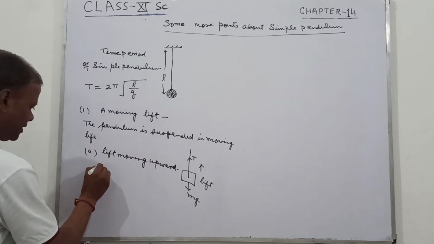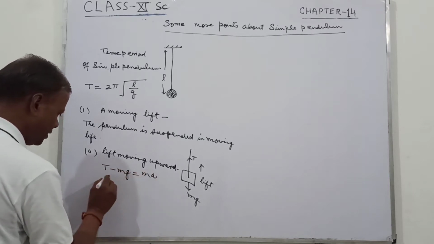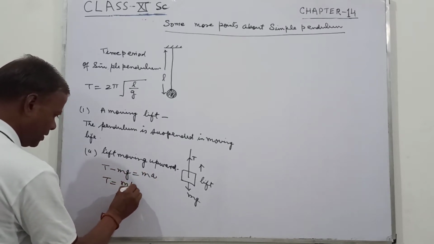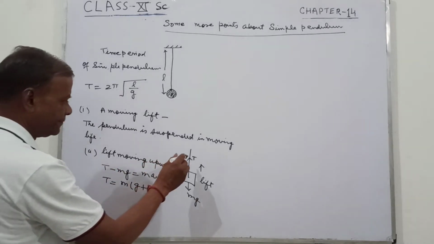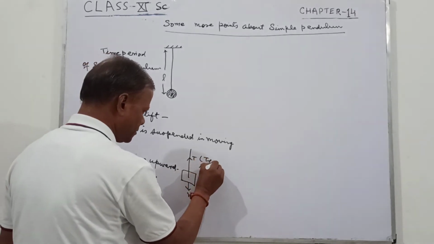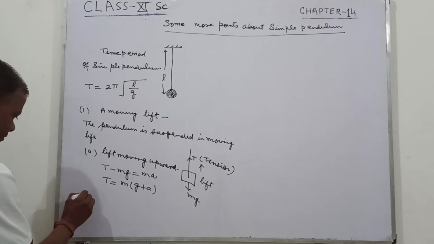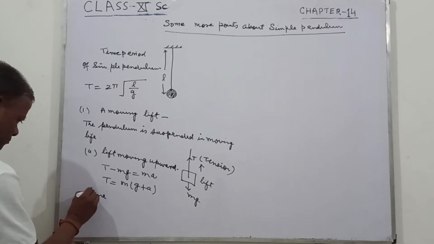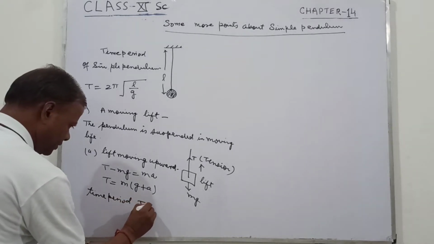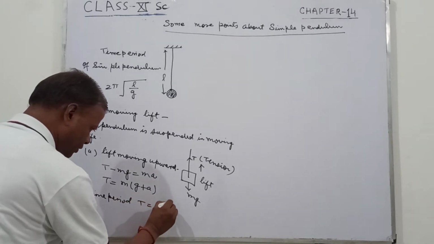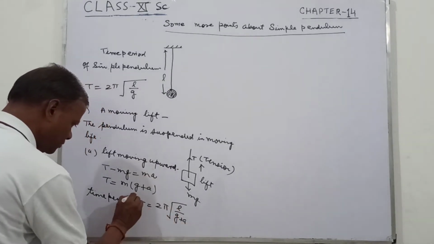In this case, we can have T minus mg equal to ma, so T equal to m into g plus a. T is the tension here. So the time period T is equal to 2 pi square root of L upon g plus a.